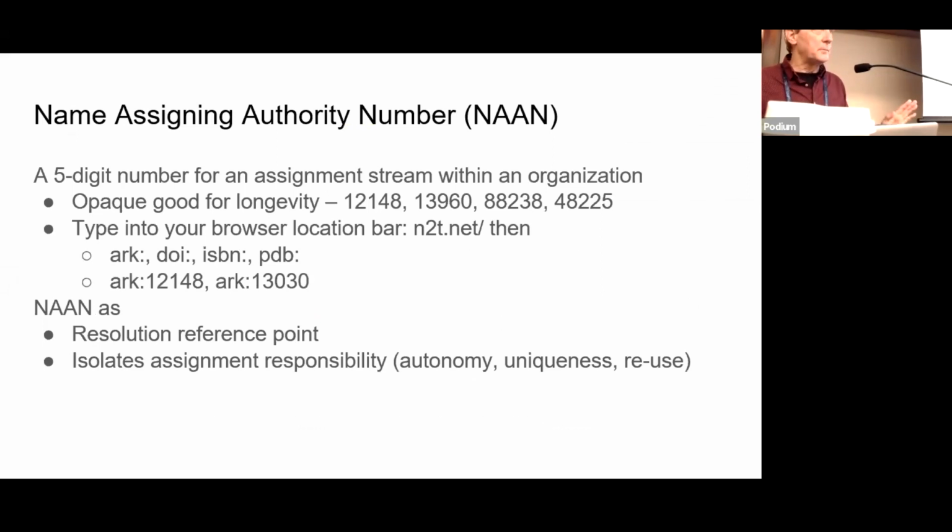So if you did open n2t.net, I encourage you to go to your location bar, go to n2t.net, and add ARK: and then hit enter. And then try that with DOI: or try it with ISBN:, and each one of those should give you a little record.